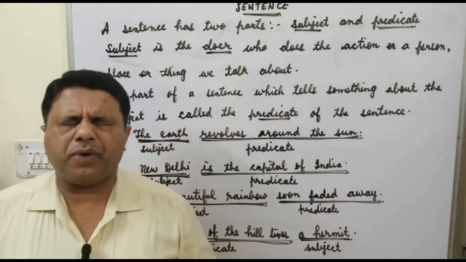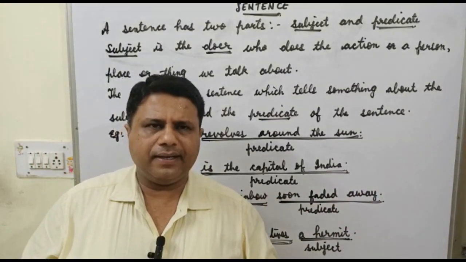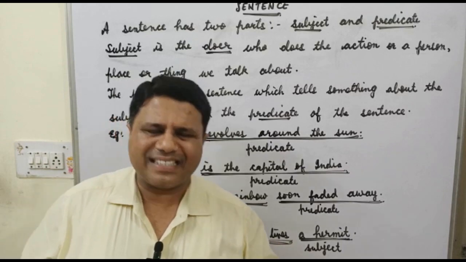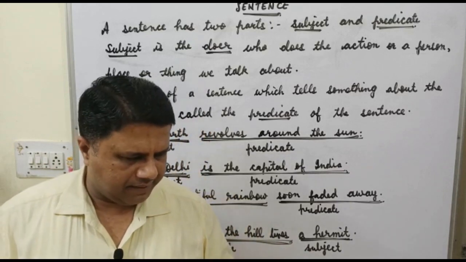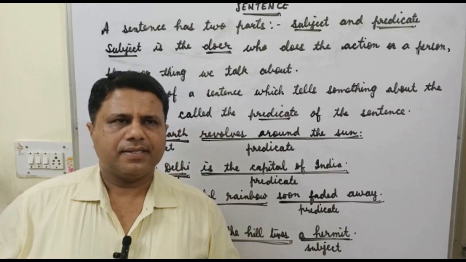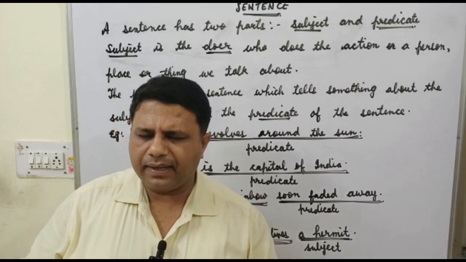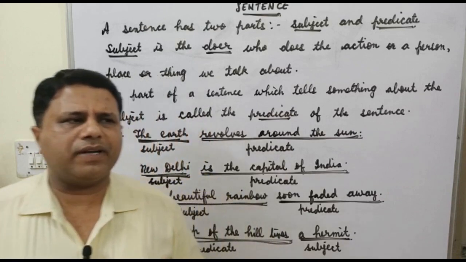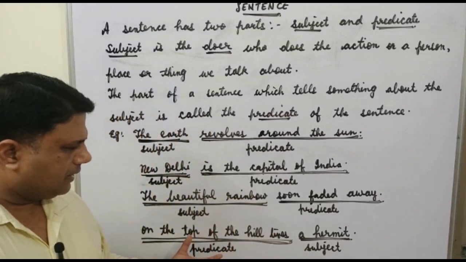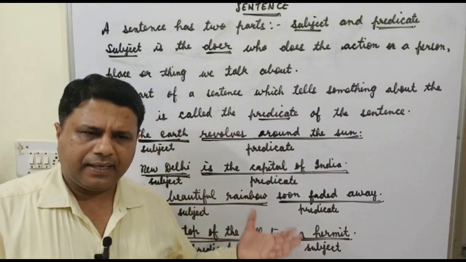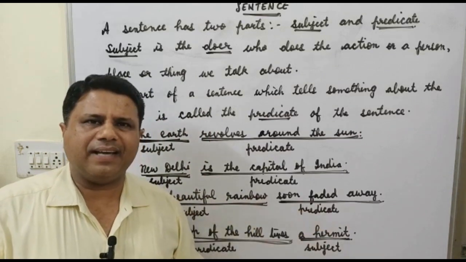Here I want to add something, that it is not necessary that every time the subject will come in the beginning. Sometimes a subject can go at the end also. Predicate can come before that. So here is one example where we see that the predicate is in the beginning and the subject goes at the end.